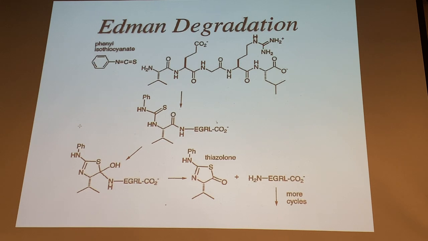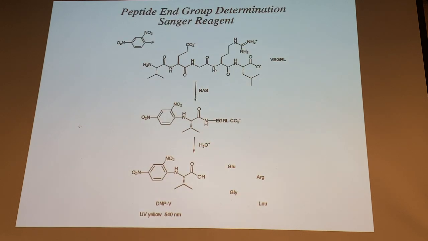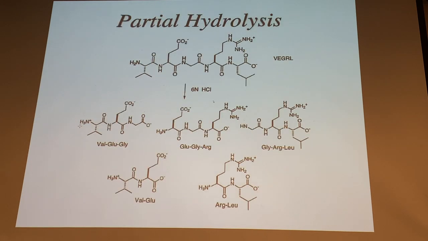Okay. All right, what's the next one here? Already did Sanger. Okay. Oh, partial hydrolysis. And again, don't underestimate the power of this. This is kind of random, and we're doing a simple peptide here. But you could think of doing this with a long chain with 100 or so amino acids. And you just treat it for a limited amount of time with real strong HCl water, right? 6 normal.